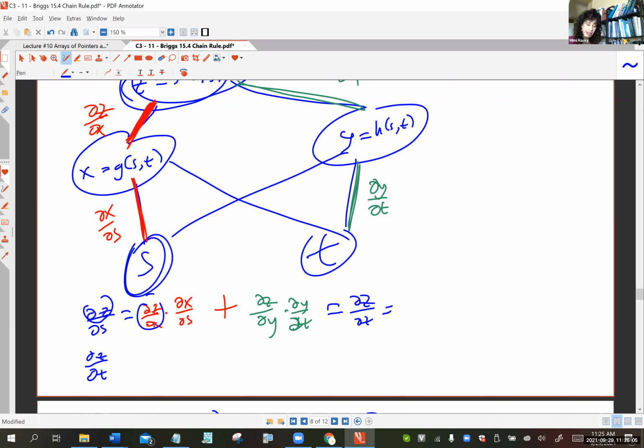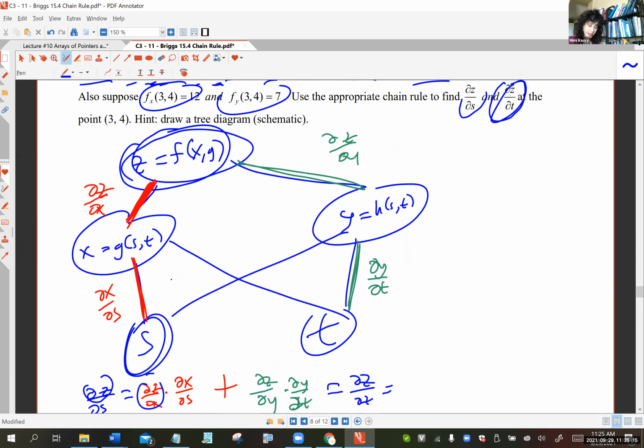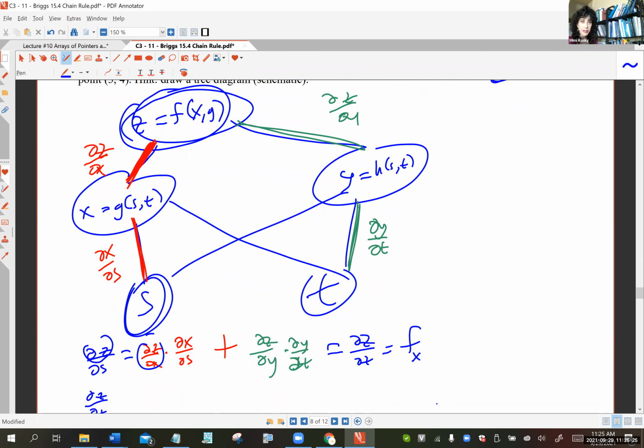But dz/dx, what is that? That is f_x, because I'm taking z, whose name is f, and I'm partially differentiating him with respect to x.